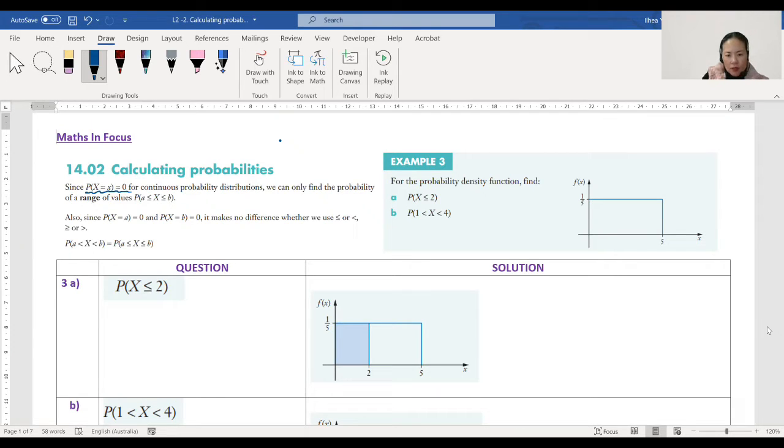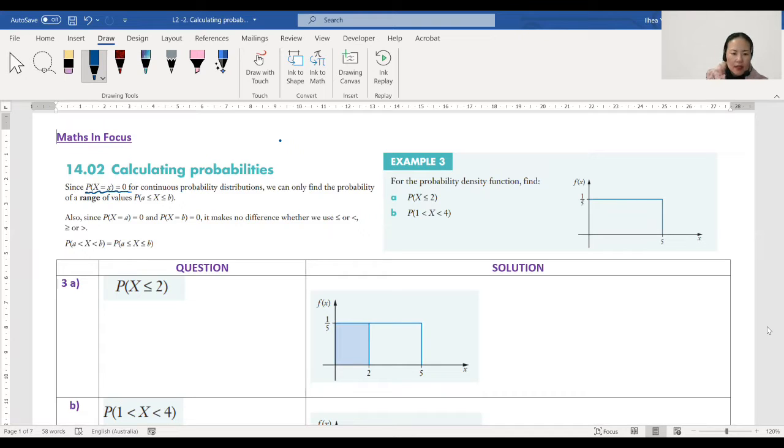For a continuous probability distribution, we can only find the probability of a range of values, restricted to the portion between 2 values, like 0 to 3 or 4 to 5.